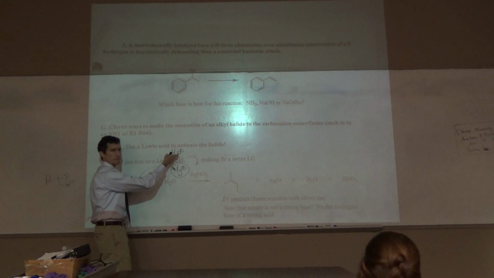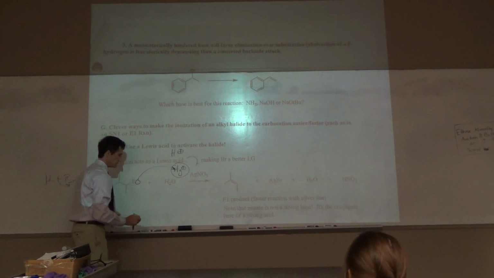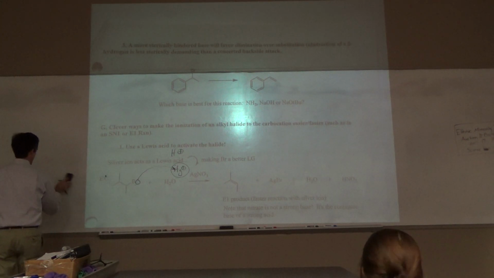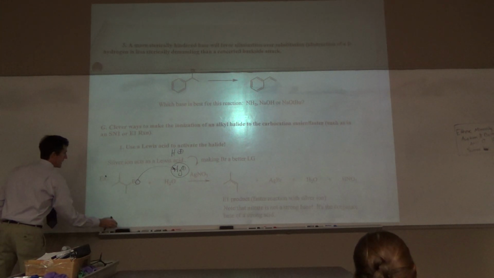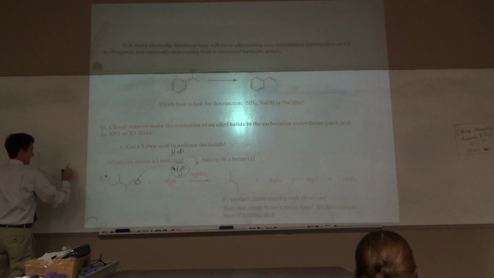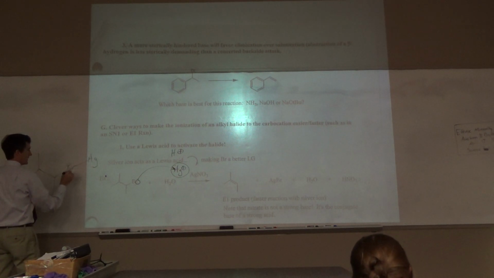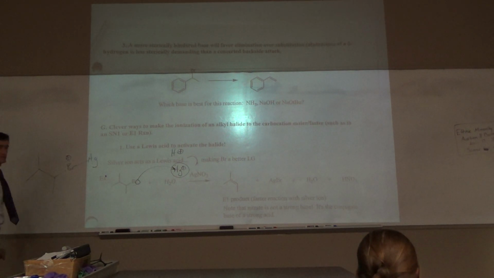The proton is also a Lewis acid, but we more appropriately call it a Bronsted-Lowry acid. And if we show this covalently bonded to silver, the bromine is now positive.